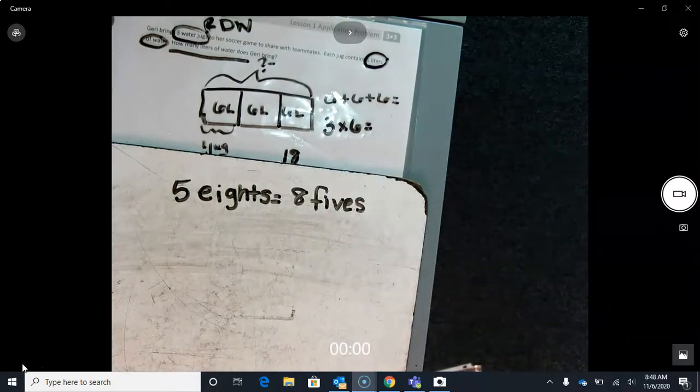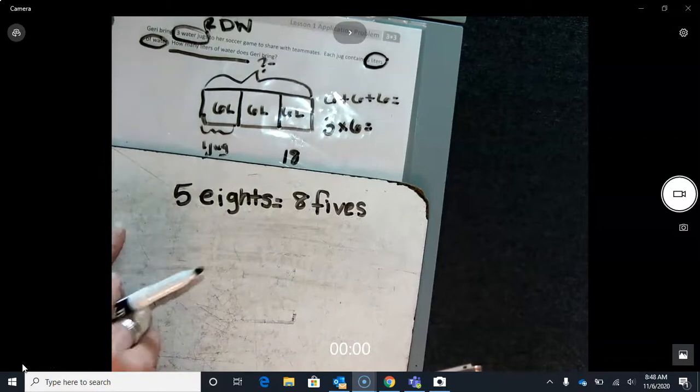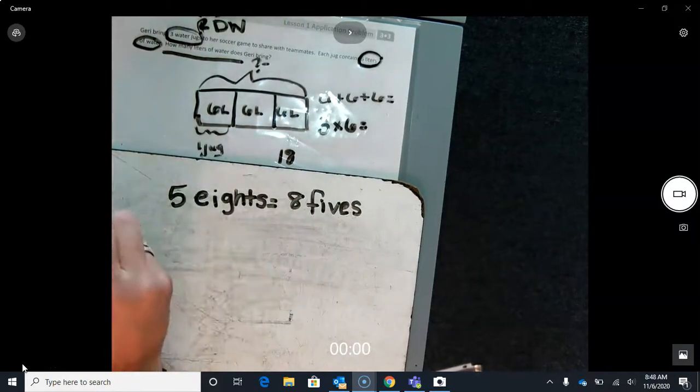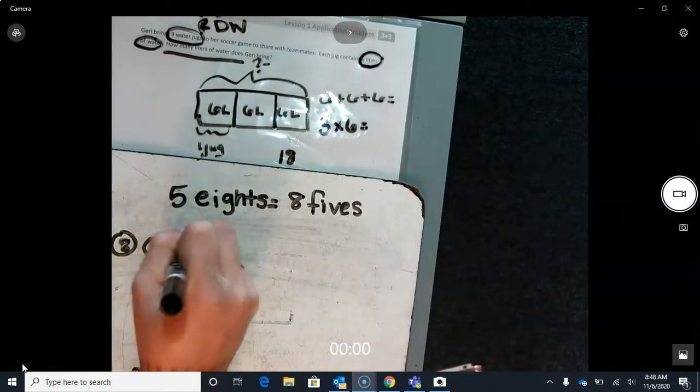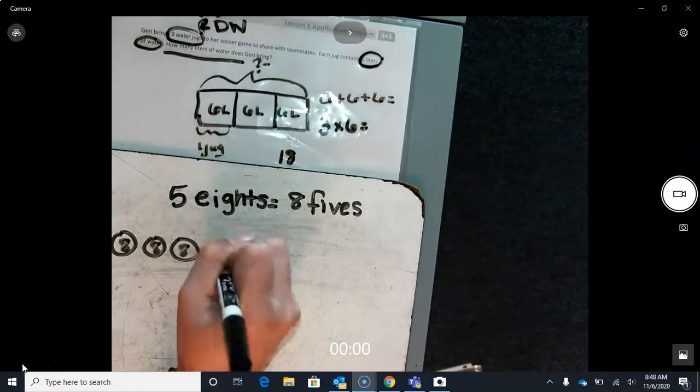5 times 8 equals 8 times 5. Let's draw this out. Let's draw 5 eights. 1, 2, 3, 4, 5.